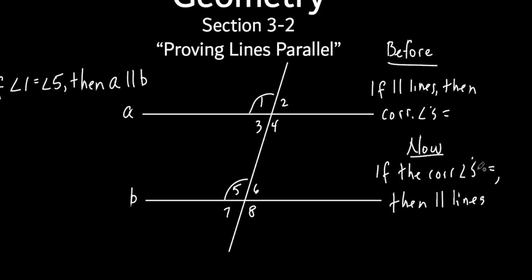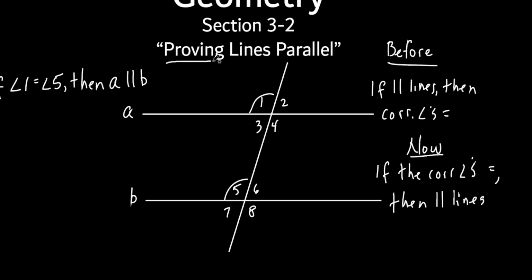Just a little shortcut. So if two lines are cut by transversal and the corresponding angles are equal to each other, then the lines are parallel. Do you see the difference between the other day and today? Yeah, it's similar, right? Very, very close, but with a little bit of a twist, okay?